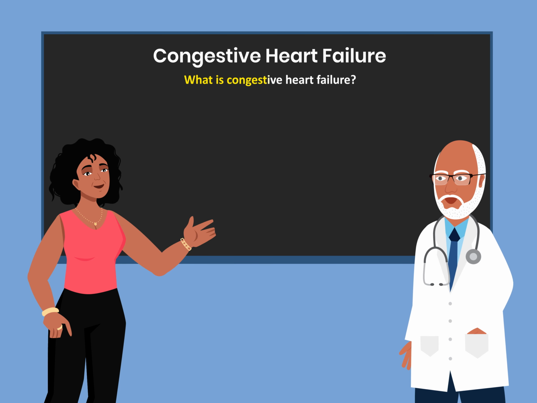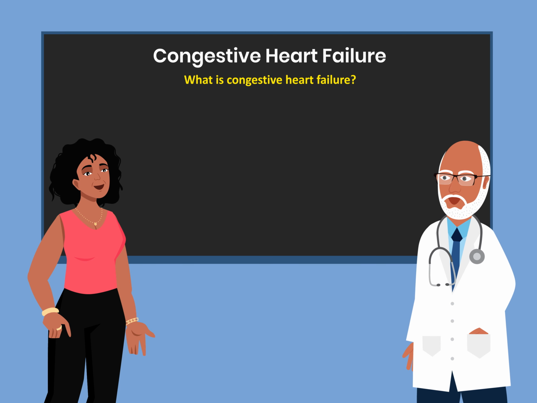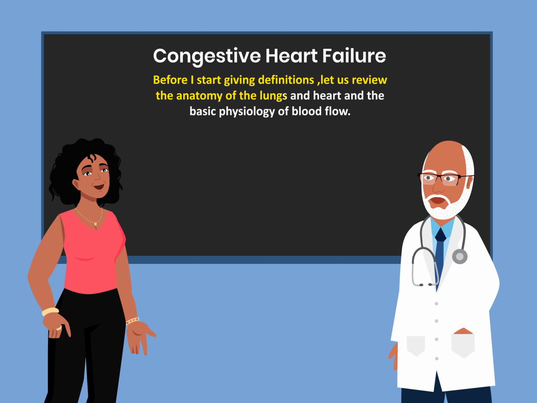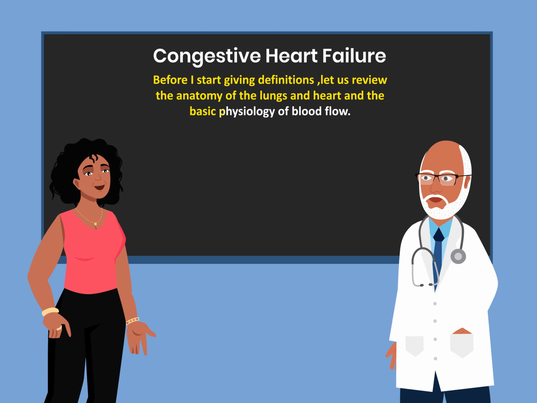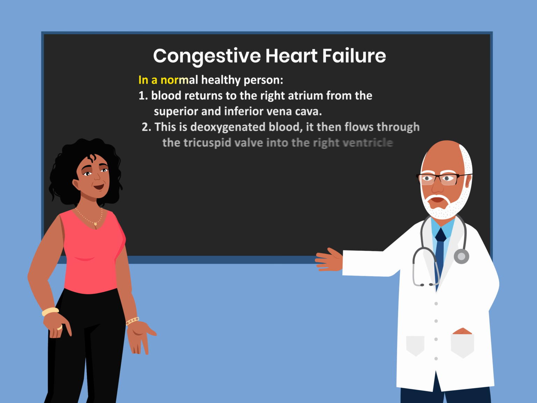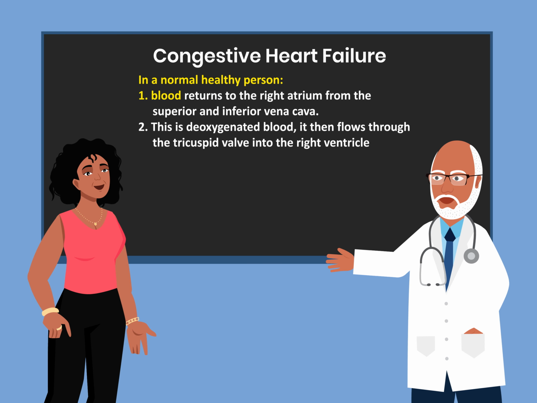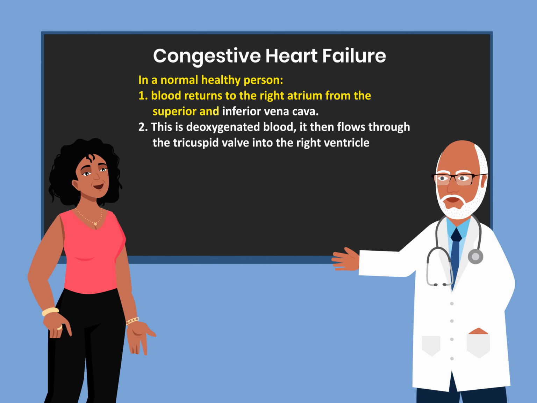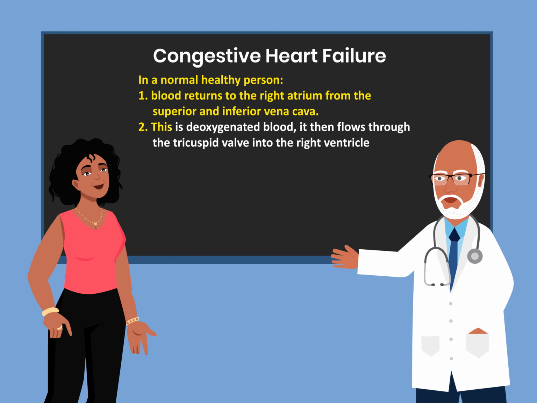What is congestive heart failure? Before I start giving definitions, let us review the anatomy of the lungs and heart and the basic physiology of blood flow. In a normal, healthy person, blood returns to the right atrium from the superior and inferior vena cava. This is deoxygenated blood.